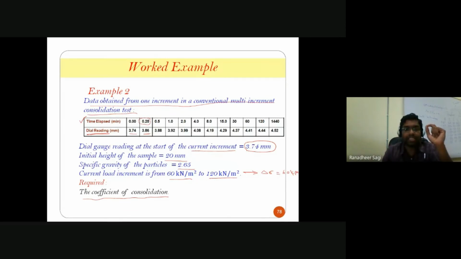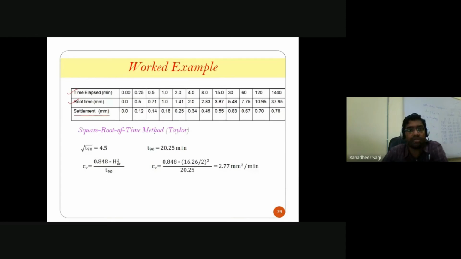And next, by half minute, that is by 0.5 minute, the amount of settlement which took place in the soil sample is 3.88 minus 3.74. That means 0.14 is going to be the settlement for the complete half minute, and accordingly we'll try to understand how the settlement is happening in the soil for different time intervals at which you have measured your dial gauge reading.